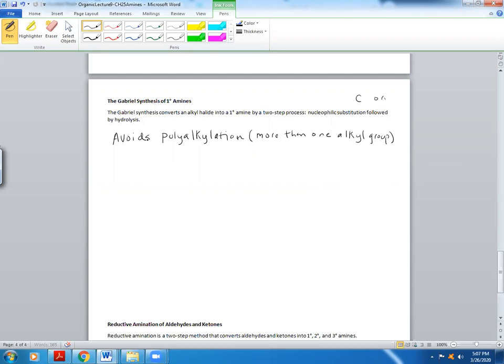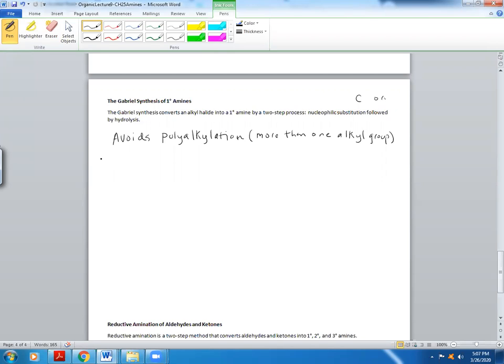So the Gabriel synthesis avoids polyalkylation. It reacts only in a single nucleophilic substitution, and then it's done. It doesn't have any nucleophilic nitrogens. So that's the idea.